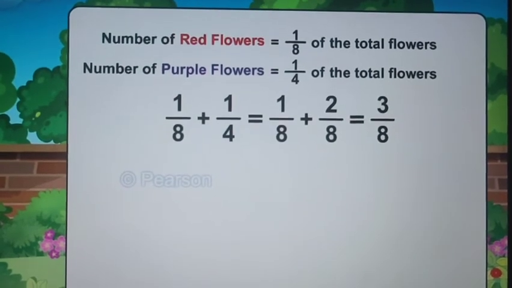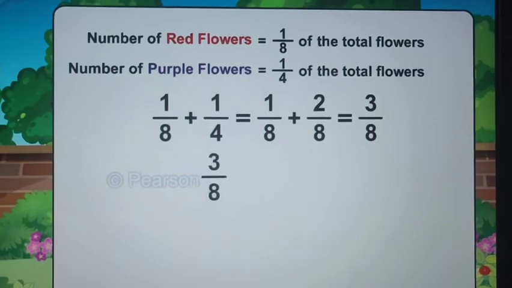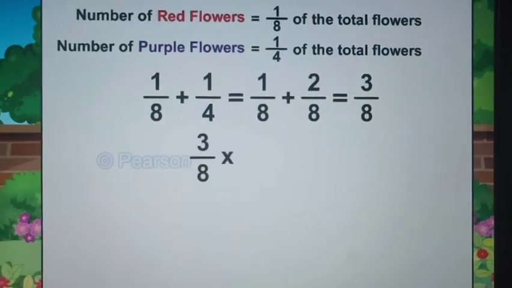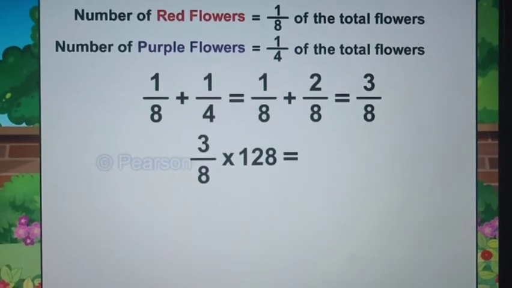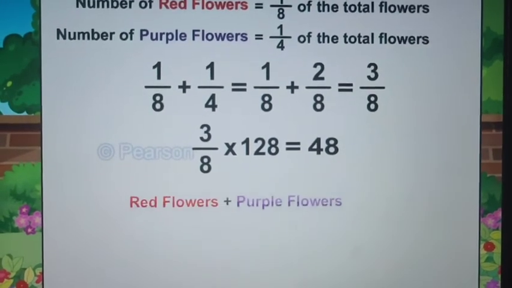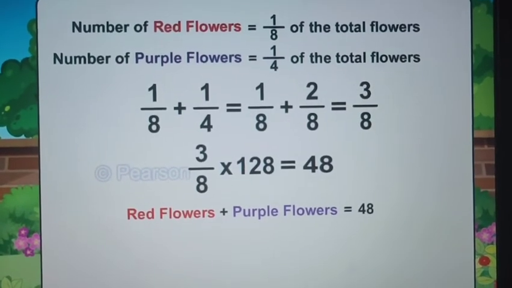So the total number of red and purple flowers will be 3/8 multiplied by 128, which is equal to 48. There are 48 red and purple flowers in all.